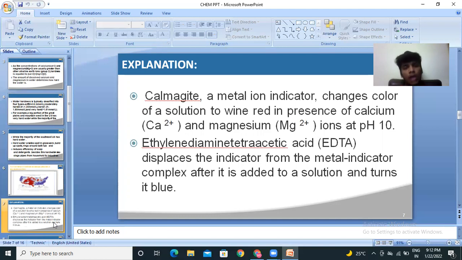Now we'll see the explanation regarding how we detect the hardness of the water. Calmagite, a metal ion indicator, changes the color of a solution to wine red in presence of calcium Ca2+ and magnesium Mg2+ ions at pH 10.